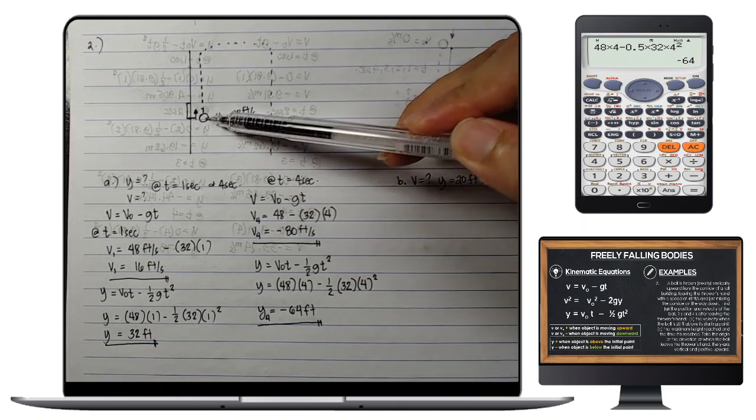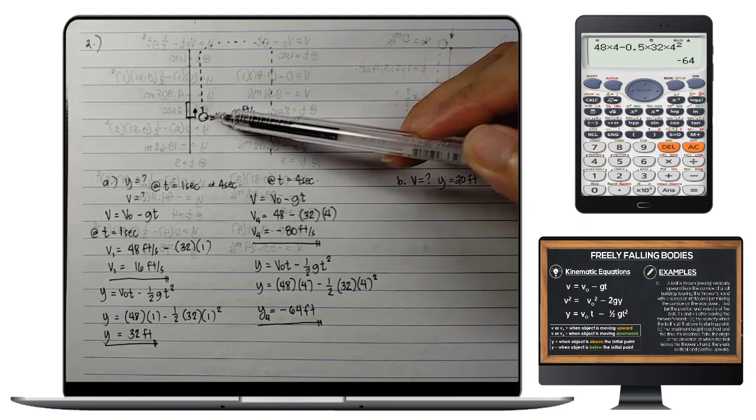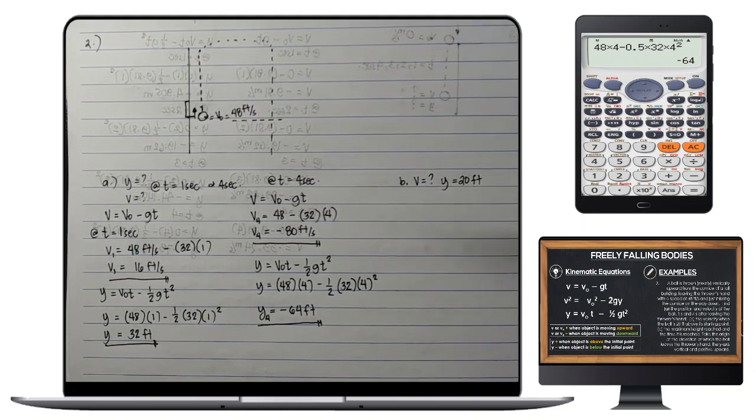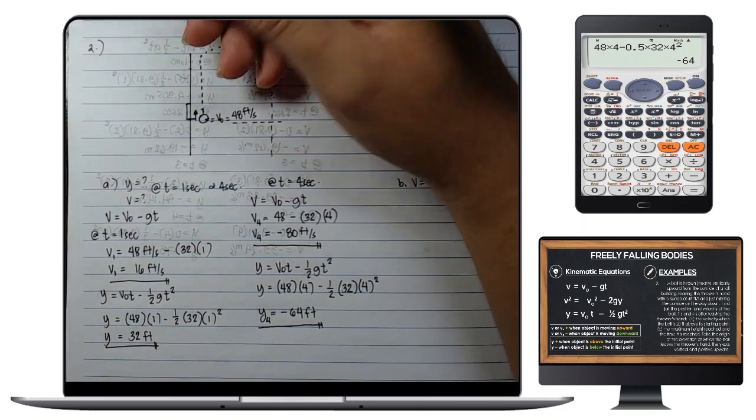So ibig sabihin, when it is 20 feet, still the motion. So when it is 20 feet upward, or 20 feet above the starting point, so we can solve, let's say from this point.